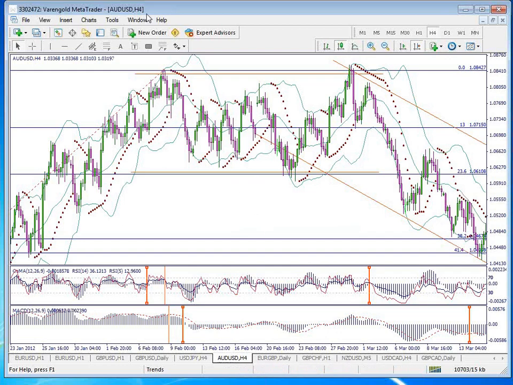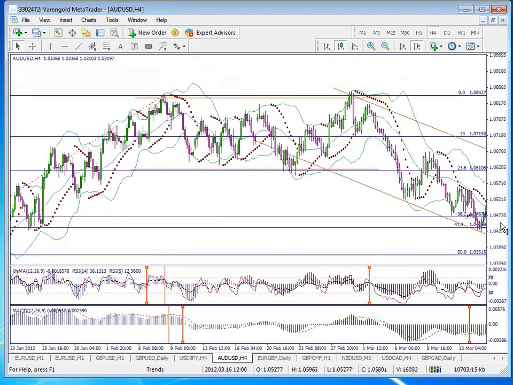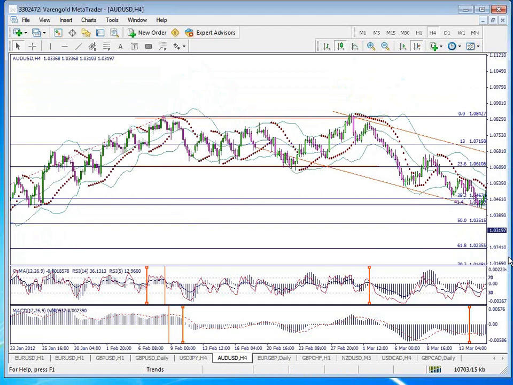So I can say that the pair will try to reach all the important Fibonacci levels in the future, as long as I have this signal on daily and also the confirmation from MACD.